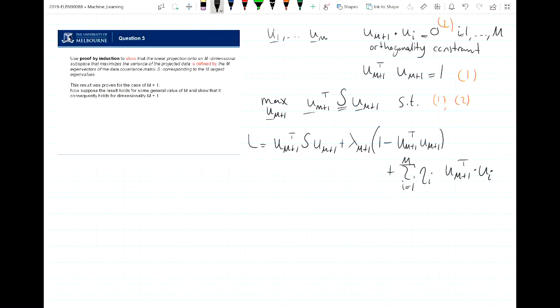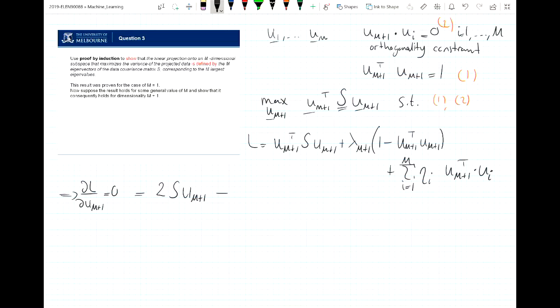So if I take the derivative of the Lagrangian with respect to um plus 1, S is symmetric, so if I take del L del um plus 1 and equate to 0, I'll end up with 2S um plus 1. In this case, this would work because S is symmetric.